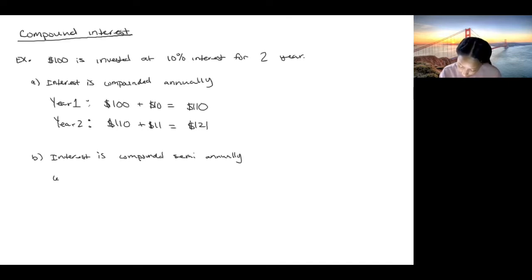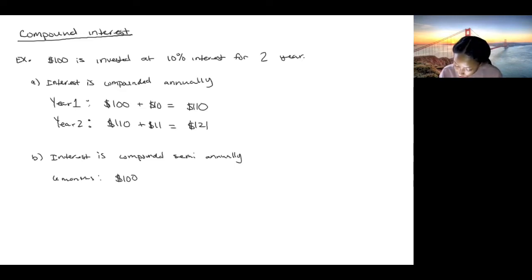So after 6 months, the $100 that's in your account, instead of earning 10% at the end of the year, you're going to earn half of that, 5% every 6 months. Does that make sense? So you take your 10% interest for the year, and you have to break it up. 5% for 6 months and 5% for the next 6 months.